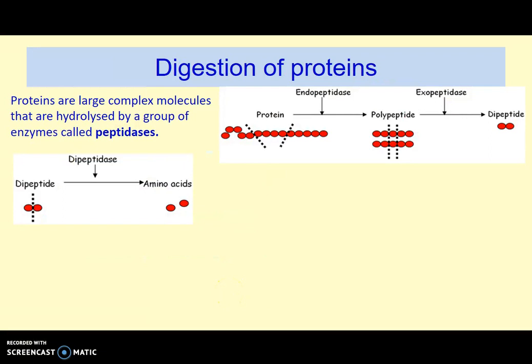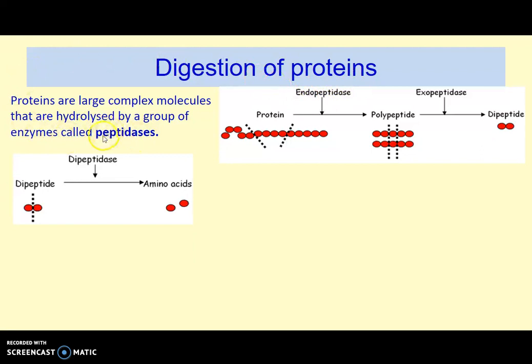Proteins also have that similar process where you have various enzymes that will hydrolyze a large protein molecule into smaller molecules and then eventually into the amino acids, which are the monomers. So if we look at the diagrams again here, we have 3 types of protein enzymes that you need to know about.